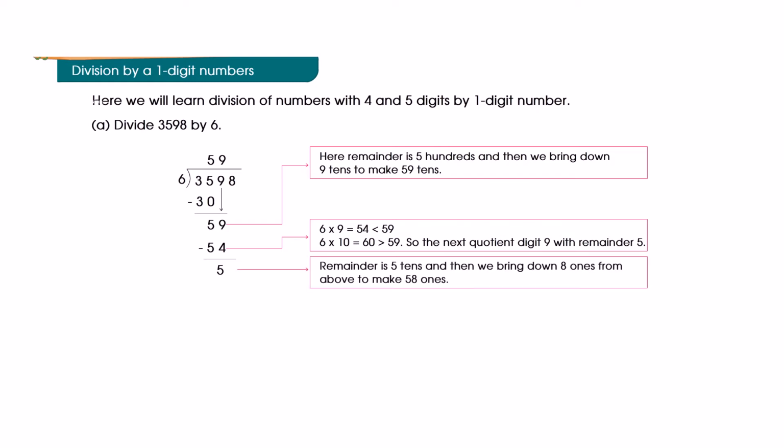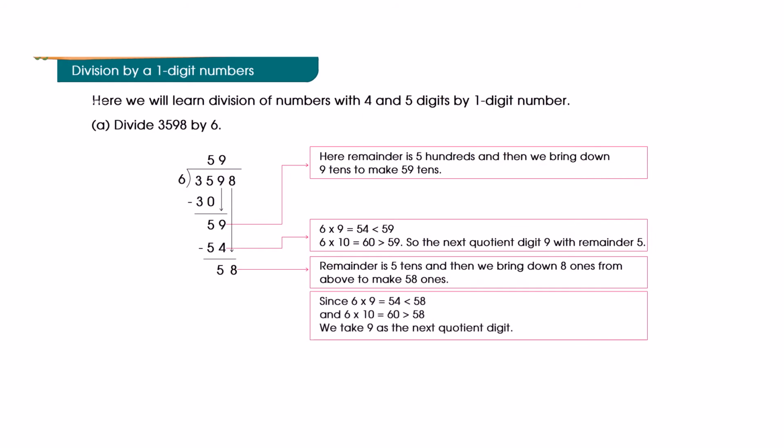The remainder is 5 tens and then we bring down 8 ones from above to make 58 ones. Since 6 into 9 is equal to 54, 54 is less than 58, and 6 into 10 is equal to 60, 60 is greater than 58.